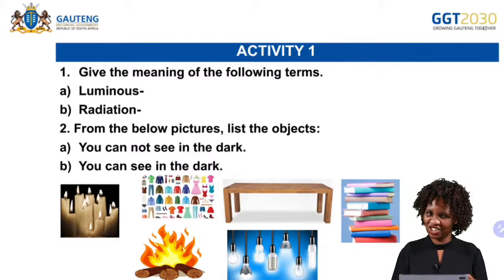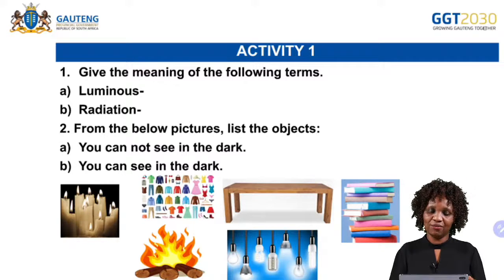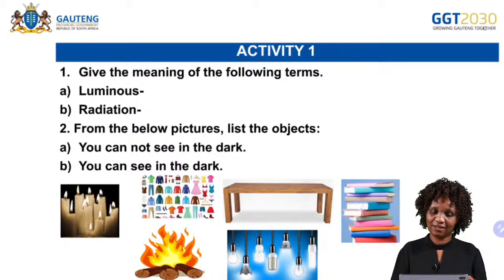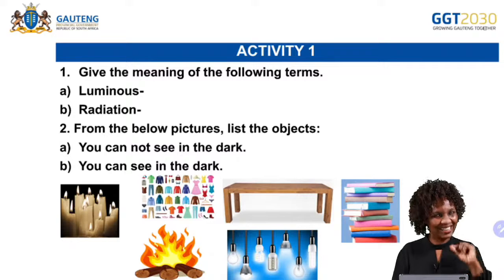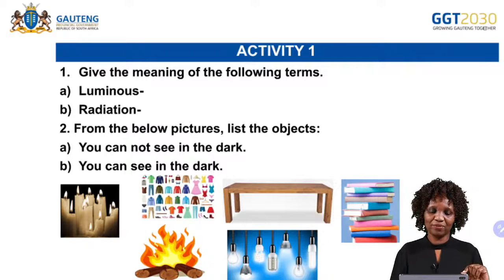B, radiation. And then question number 2 says, from the table below, list the objects that you can see in the dark. From the below pictures, list the objects you cannot see in the dark. Then B, you can see in the dark. You're going to list those. All right, I'm giving you 2 minutes.